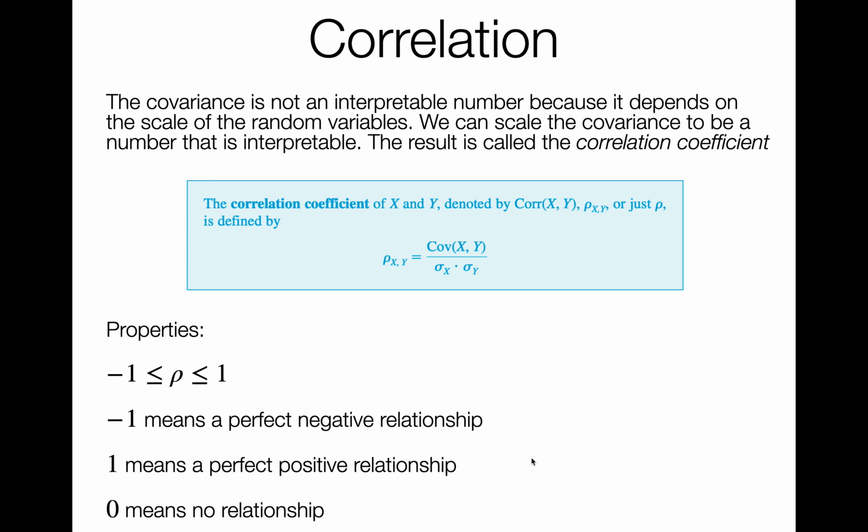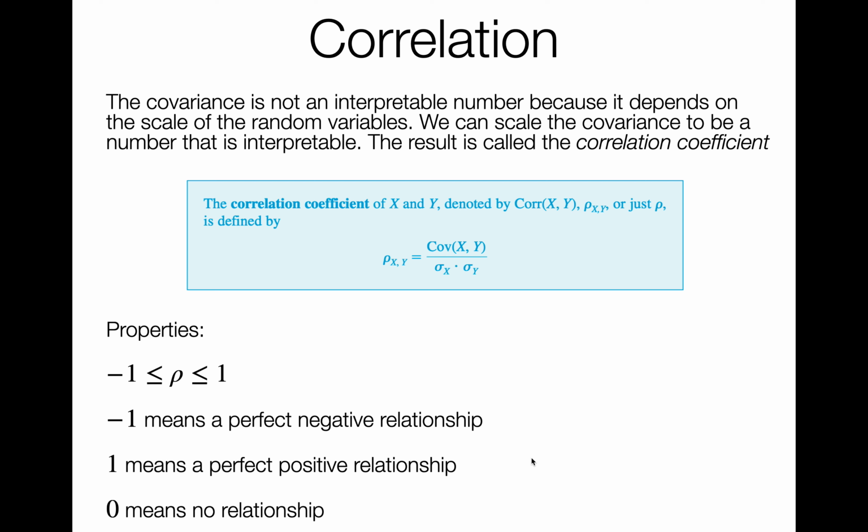That means if x increases or decreases, I know exactly how y is going to act. So it's no longer a random thing. In a sense, it means that x and y have some deterministic relationship. So I know if x increases by 1, I know y is going to increase by 2.